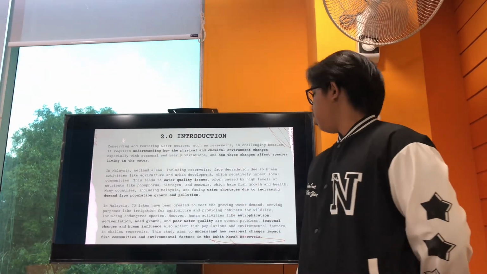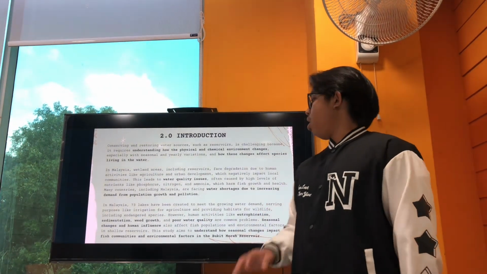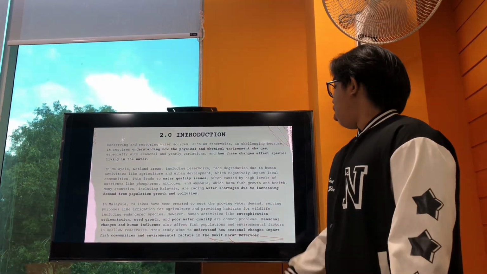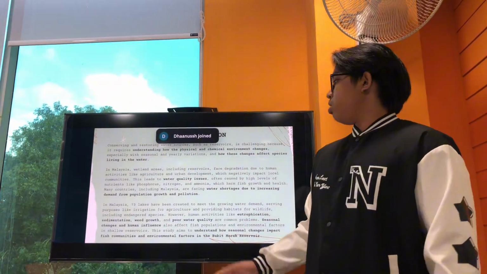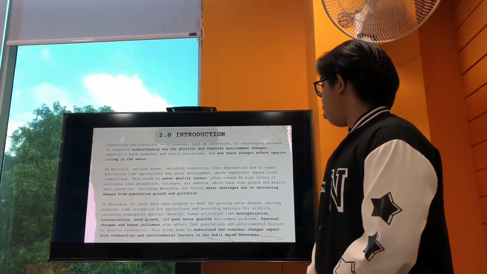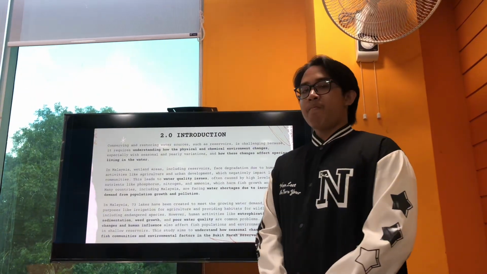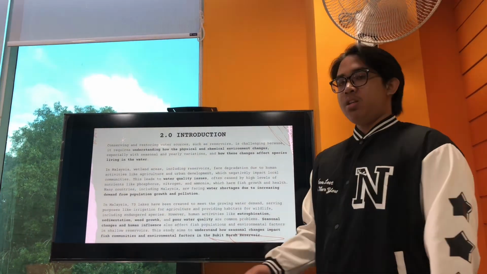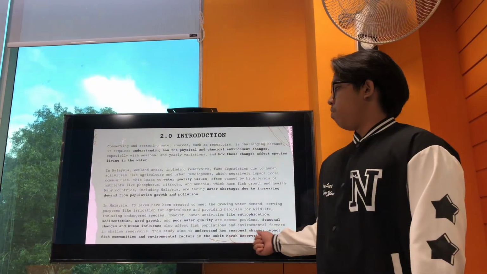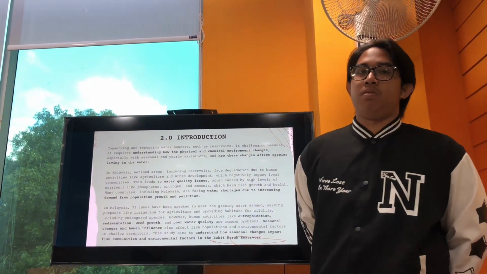However, human activities like eutrophication, sedimentation, weed growth, and poor water quality are common problems. Seasonal changes and human influence also affect fish populations and environmental factors in shallow reservoirs. This study aims to understand how seasonal changes impact fish communities and environmental factors in the Bukit Merah Reservoir.